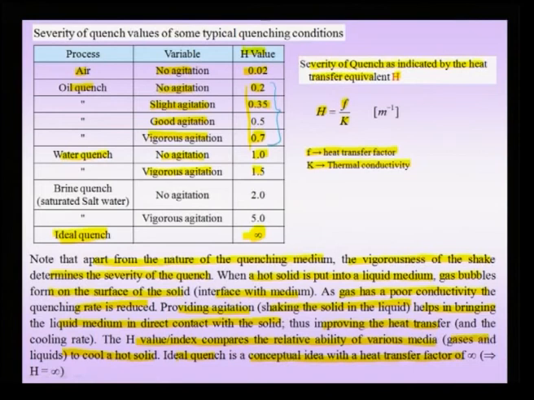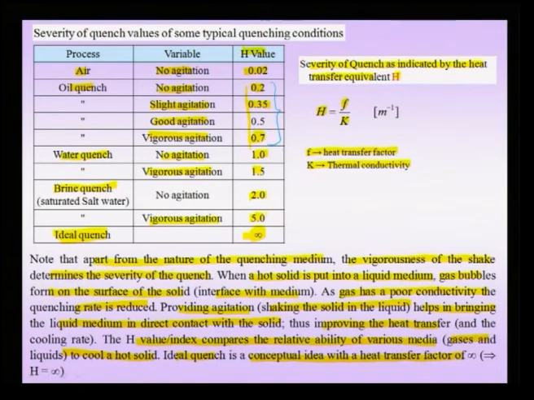More than water quench, you can even obtain higher quenching rates by using brine quench. That means you take water in which salt has been dissolved, and we can get a higher quenching rate. And even in brine, if you do vigorous agitation, you can get an H factor up to 5. So, the message of the slide is that often when we talk about water quench or oil quench or even air cooling, we have to specify if the medium or the substance is being agitated.